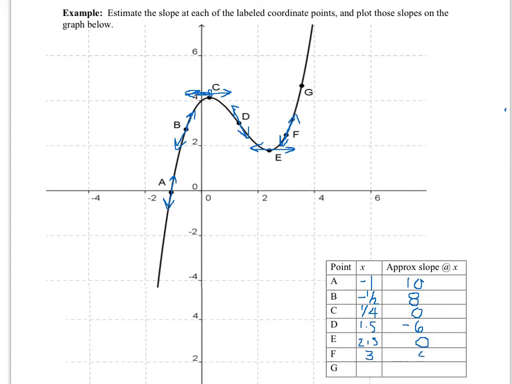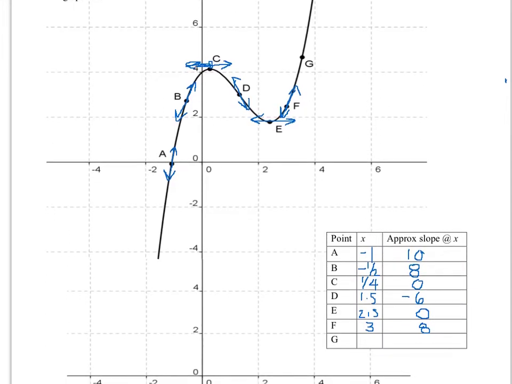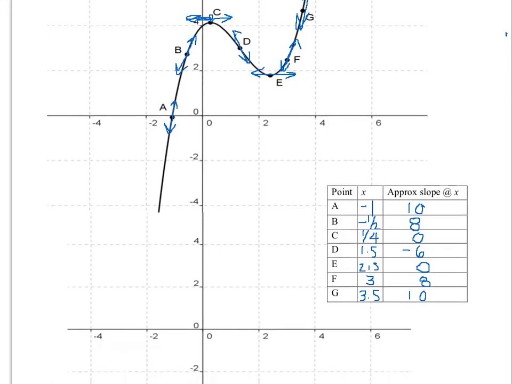And at point B it had a slope of 8, so I'm going to give it the same slope. Again, it's approximate. Now for G, our last guy, if I was to sketch that in, that would be approximately 3.5 for the x coordinate, and then for the slope, it looks about the same as A, so I'm going to give it another value of 10.